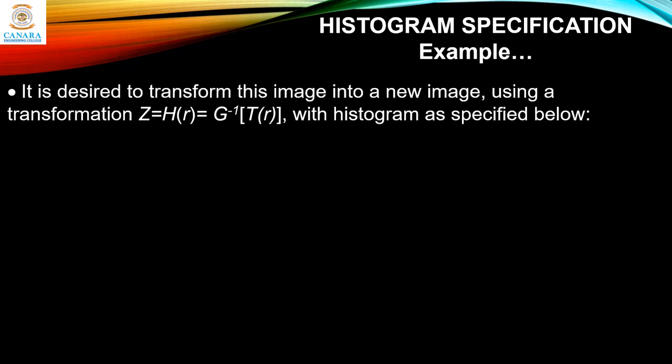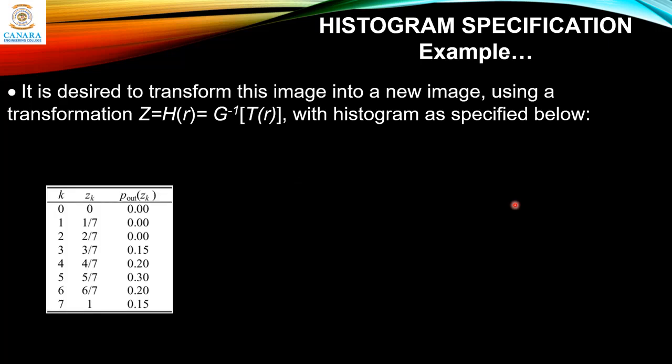It is desired to transform this image into a new image using a transformation z is equal to H of r, which is equal to G inverse of T of r, with the histogram specified as below. So this is the specified histogram, and this is what our output image histogram should look like.